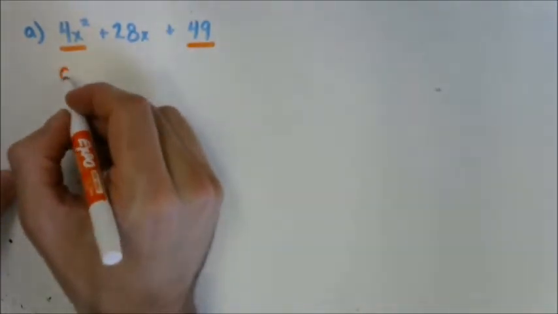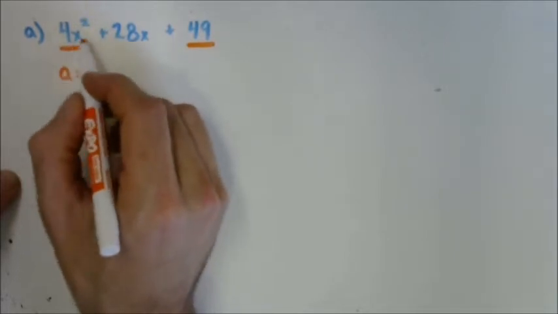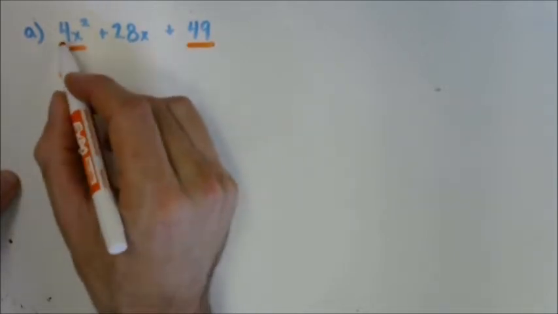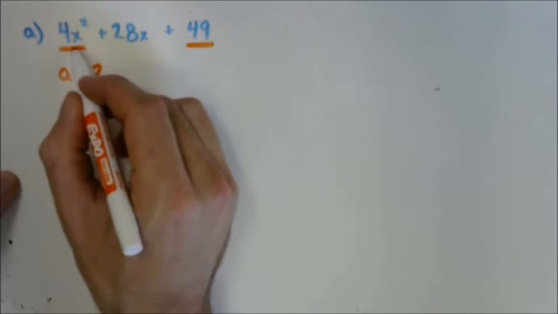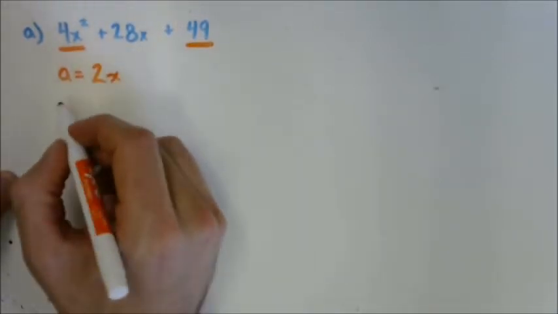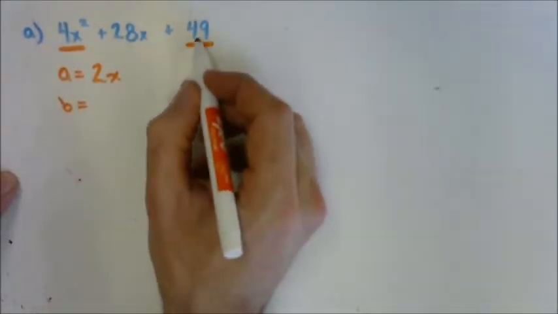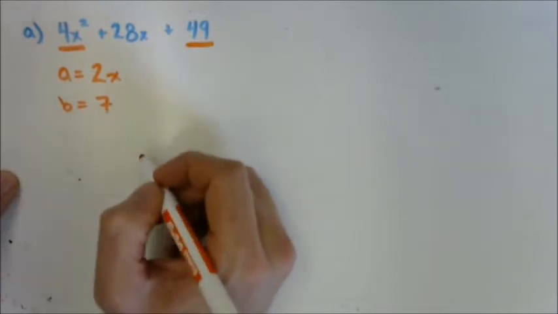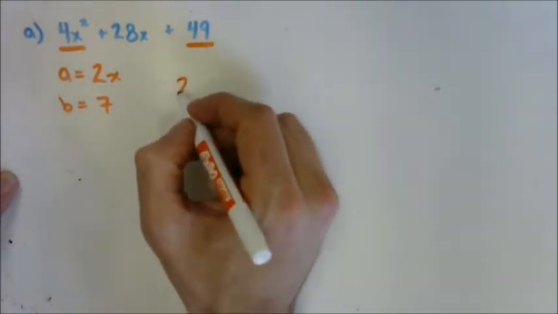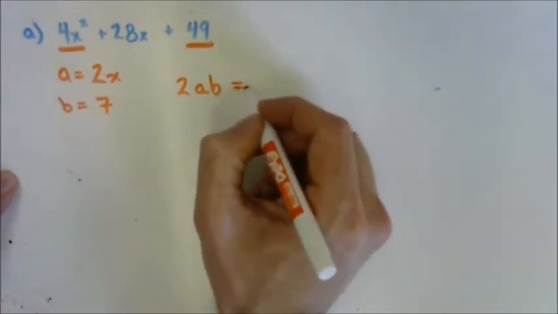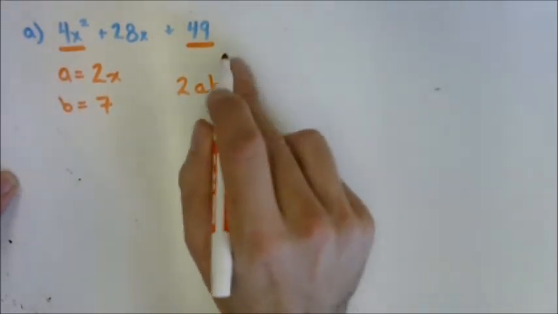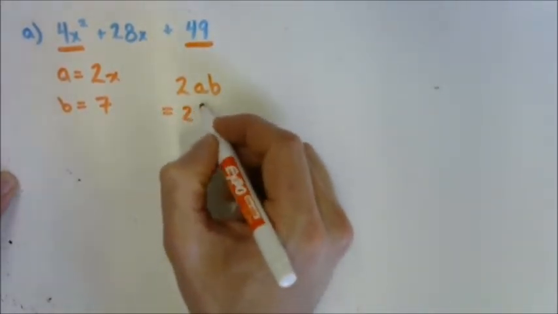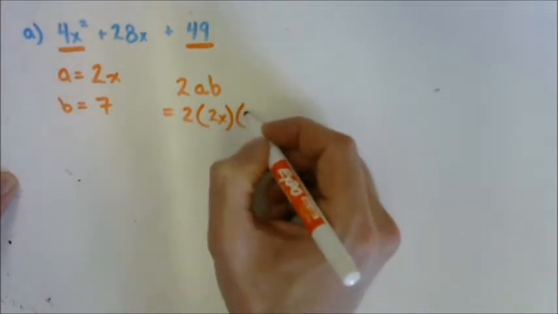Okay, so we've got an a of the square root of this. The square root of 4 is 2 and the square root of x squared is x. We've got a b of the square root of 49, which is 7. So we need to see what 2ab is, right? That means 2 times 2x times 7.